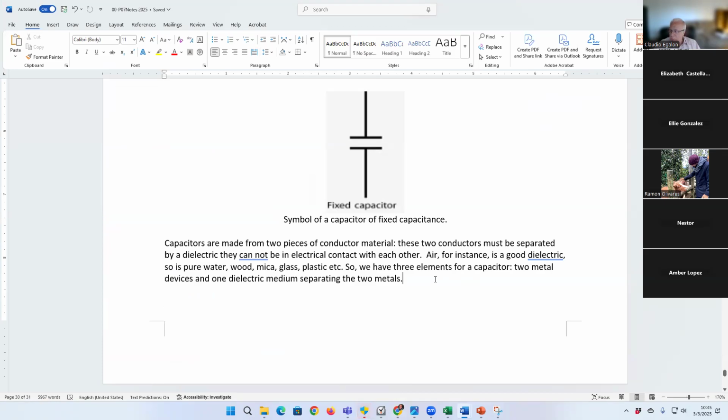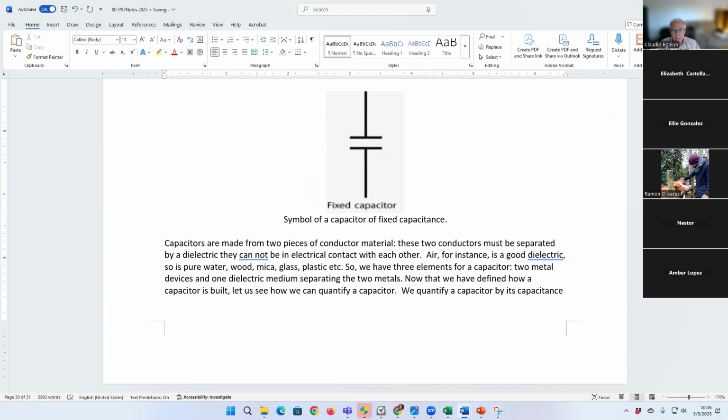Now that we have defined how a capacitor is built, let us see how we can quantify a capacitor. We quantify a capacitor by its capacitance.